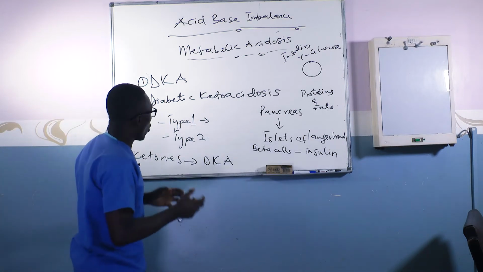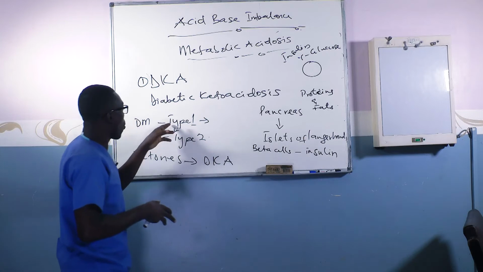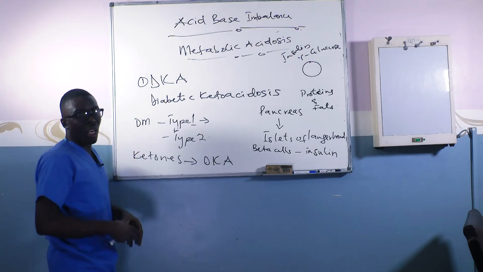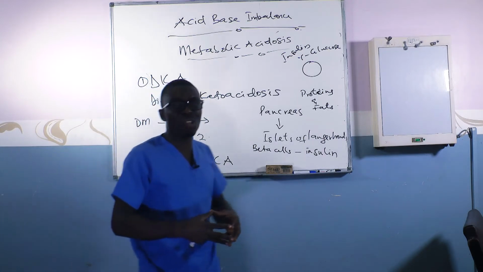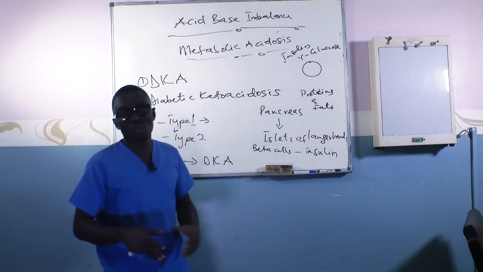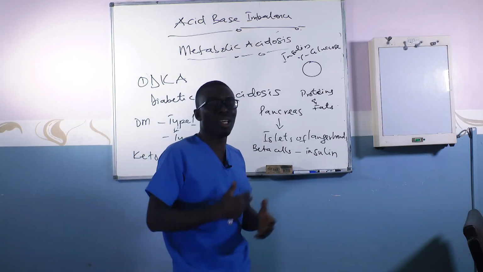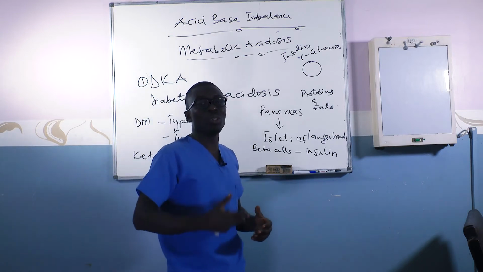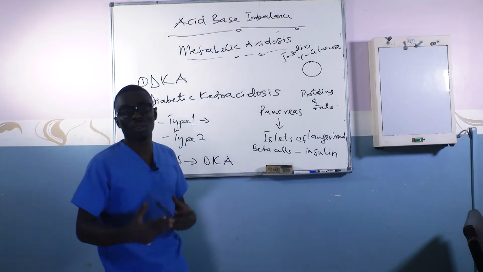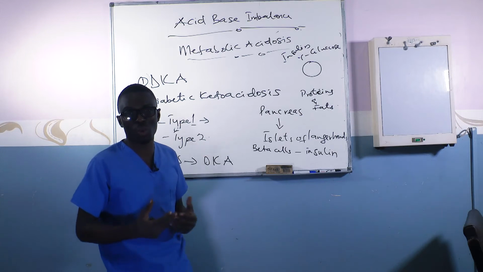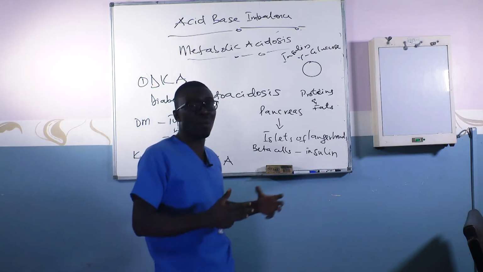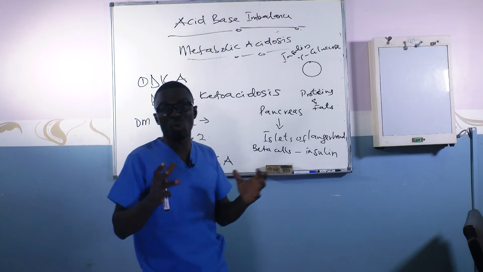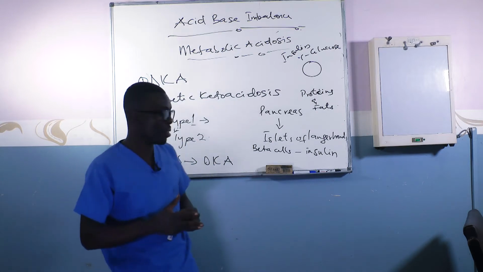Two, it occurs mostly in type 1 diabetes mellitus, and the problem with DKA is mostly what? Dehydration. So they usually have to hydrate them with normal saline. And the more you give the fluids, the more it helps to reduce their glucose level. Later on, when we are doing diabetes mellitus as a topic on its own, we'll look more into that.